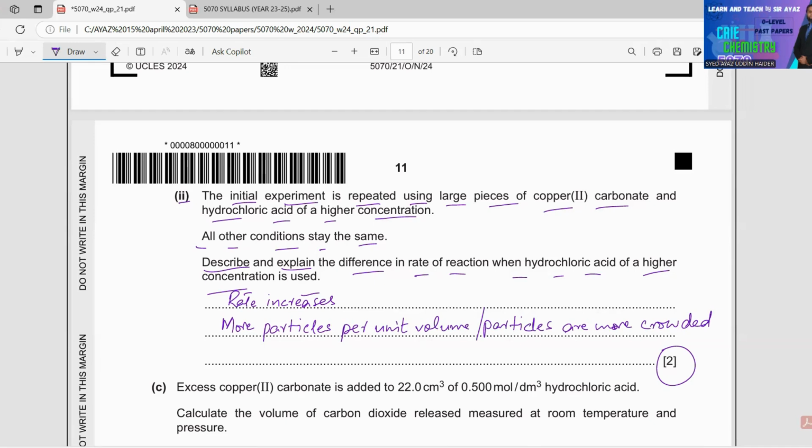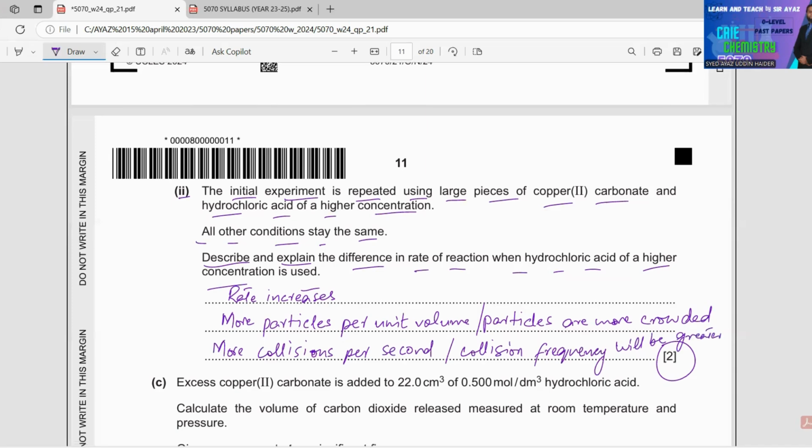There will be more collisions per second, or the collision frequency will be greater. You can write one of these statements.